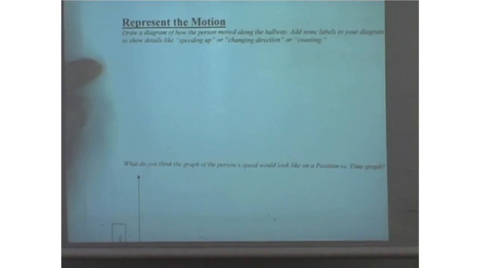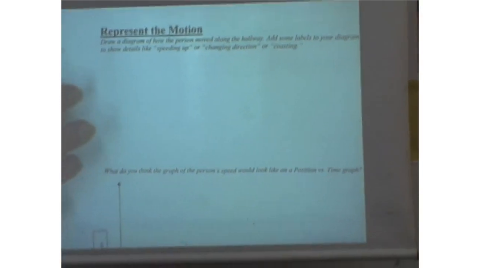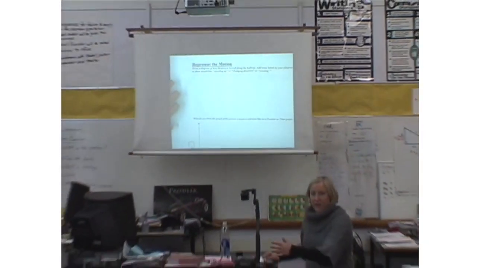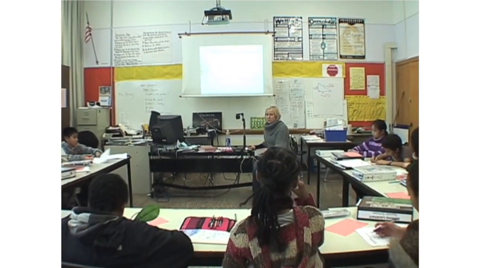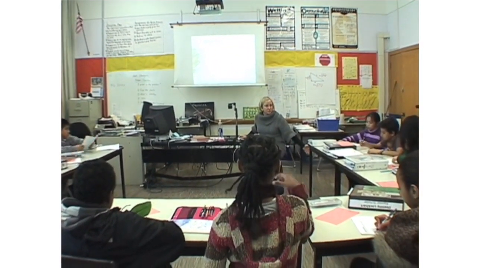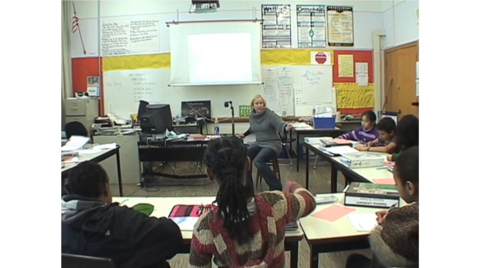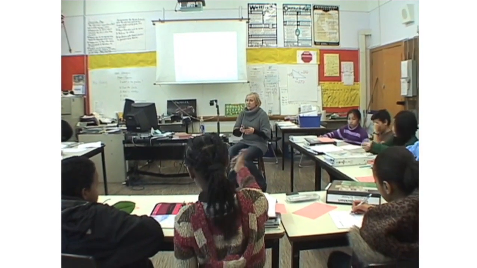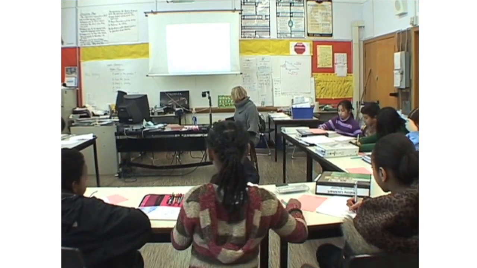Here I want you to draw a diagram of what you saw happening with your skaters. It could be a diagram of the hallway, and you write this is where he was speeding up, this is where he was coasting, this is where he was slowing down. Or it could be a detailed diagram of how Jael was starting to talk about the gliding foot and pushing foot. You could draw something like that.